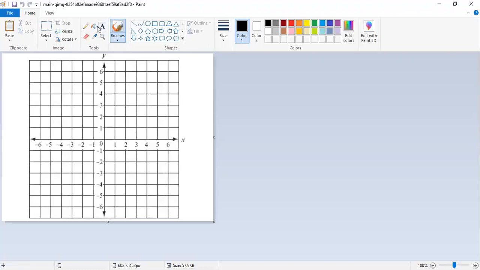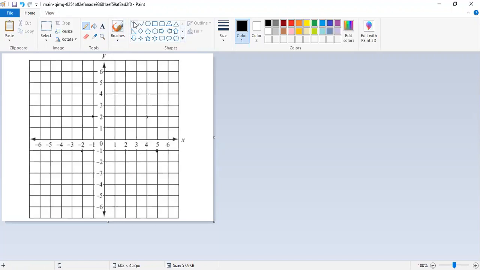Okay, so I'm just quickly drawing the points. R is -1 and 2. So this is going to be -1 and 2 here. This is going to be R. And then S is 4 and 2, so that's going to be here. And then T is 5 and -1, so that's going to be here. U is -2 and -1, so -2 and -1 is going to be here.